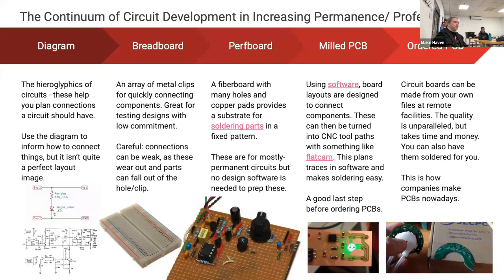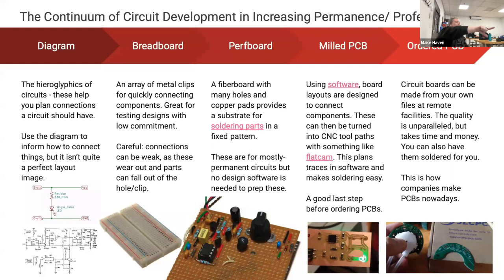But they are cheap and easy and a really great way to get started building something, especially if you're trying to build from a diagram, whether it's a classic diagram or even one of the newer diagrams. Perf board is like the next step up from breadboard, and you can actually get perf board that is milled so that the holes are the same as the breadboard. That's actually called the pitch of the holes.